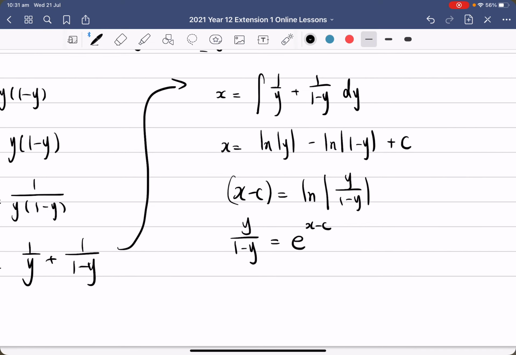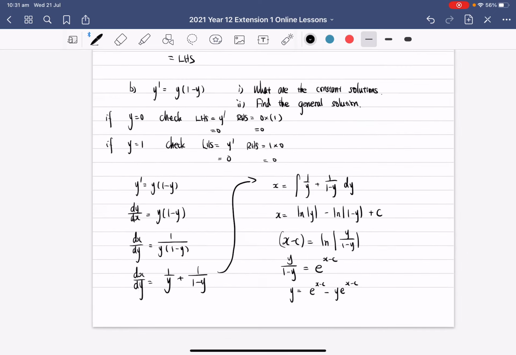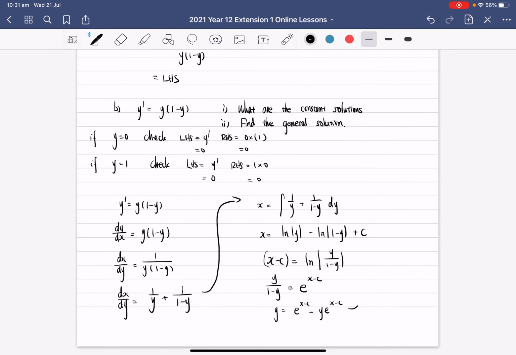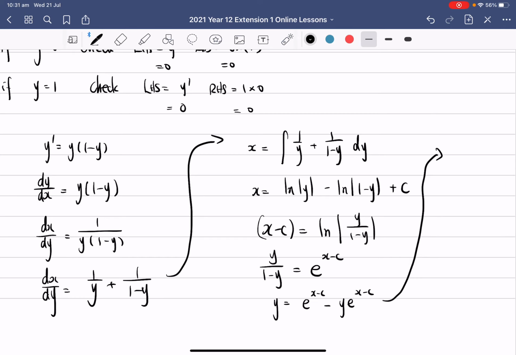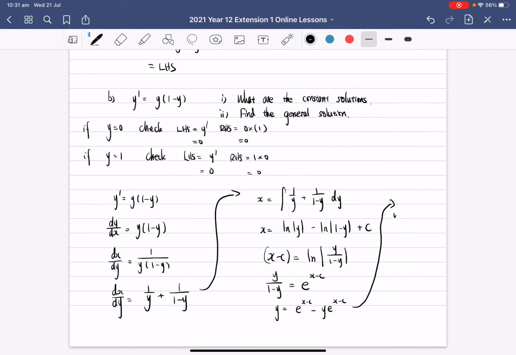Okay, alright, let's continue. So that gives us y is equal to e to the power of x minus c minus y e to the power of x minus c. And we just need to make y the subject. So move it to the left hand side like this.